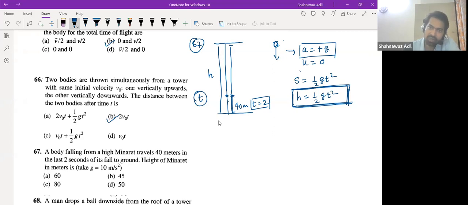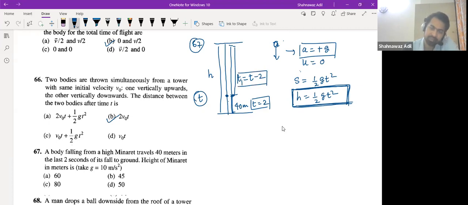So total time is how much? Total time is t, and from here to here it is 2 seconds. So at this point, time would be t minus 2, absolutely right. I should denote a different notation. So let's say this is t1, right? t1 is t minus 2.